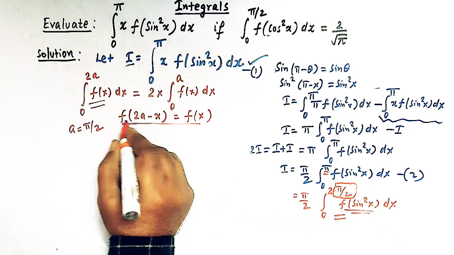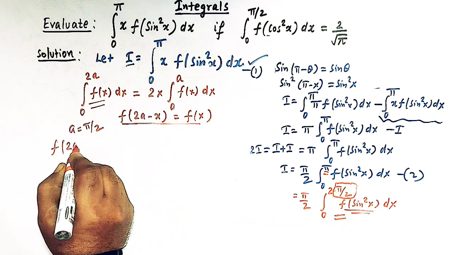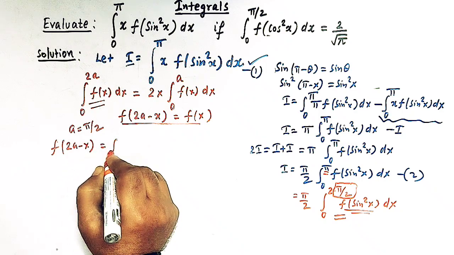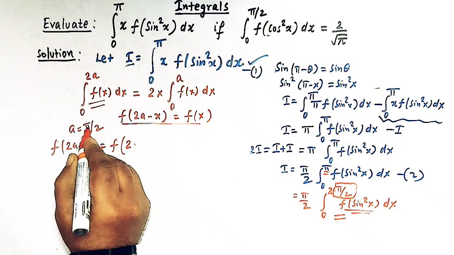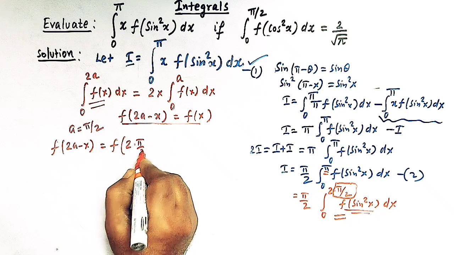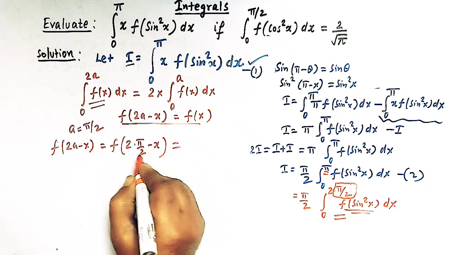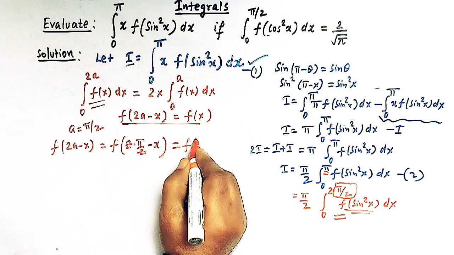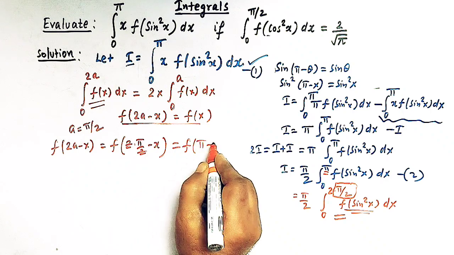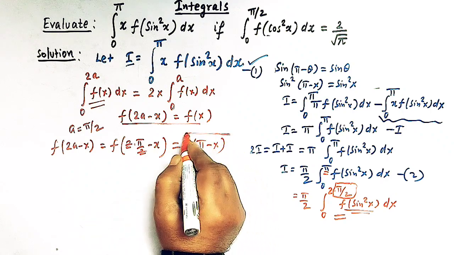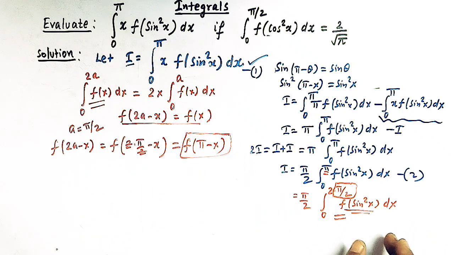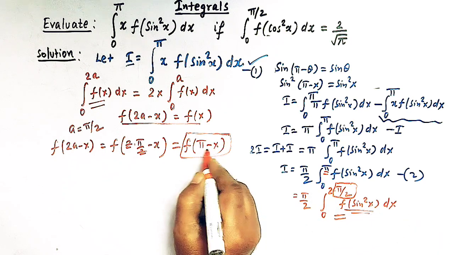So here f of 2a minus x is given by f of 2 times pi by 2 minus x, and this 2 and this 2 get cancelled, and we have f of pi minus x, and f of pi minus x can be obtained by replacing this x by pi minus x.